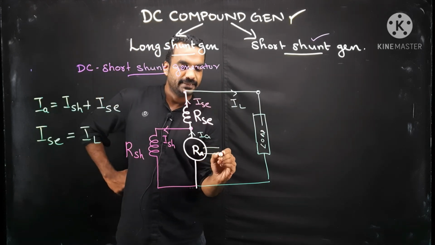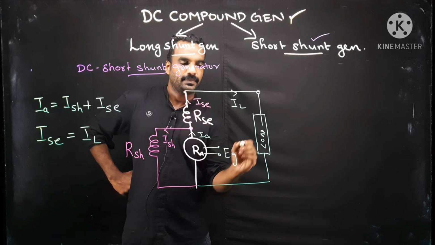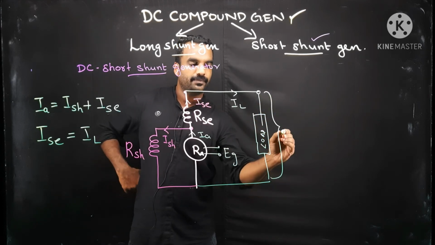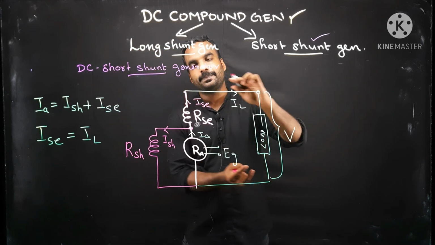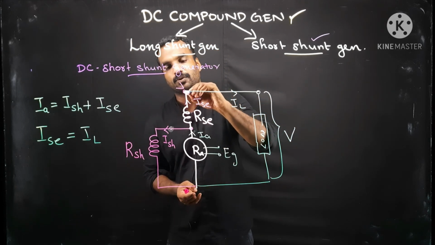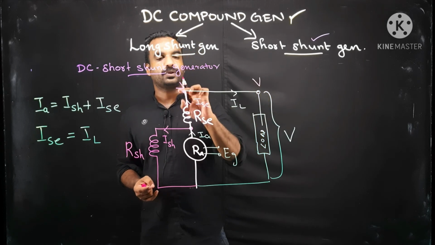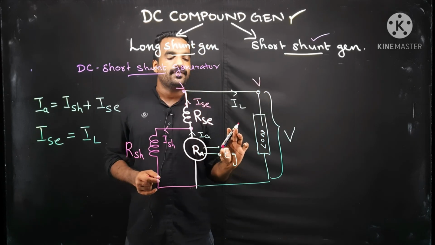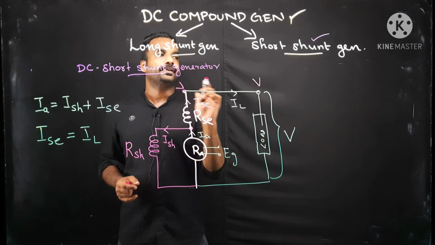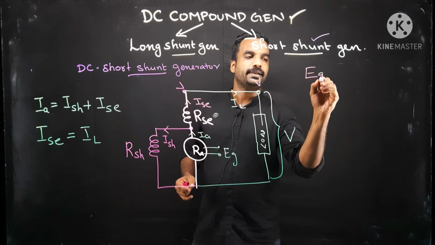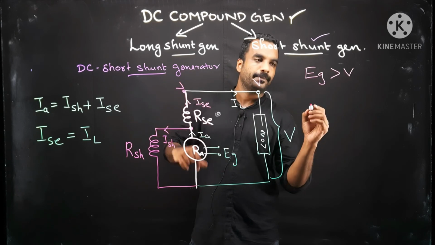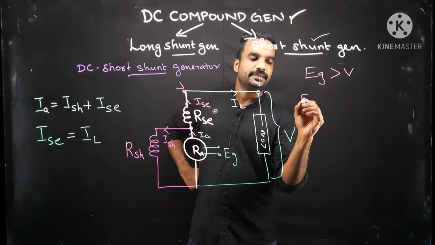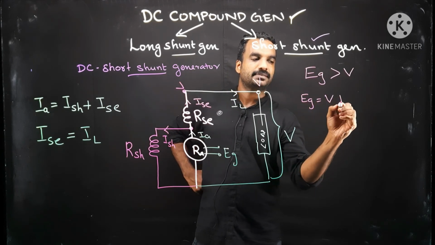Now, this is EG and this is V, terminal voltage V. As this node is in parallel to this node, V appears here also. Both voltages are same. But I want to write a relation between EG and V. Definitely EG will be greater than V because current is flowing from EG to V. Now EG is equal to V plus losses.